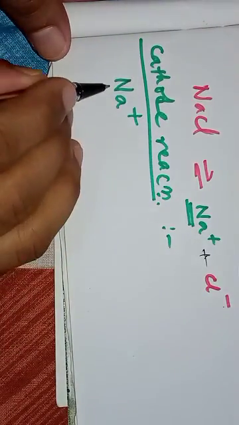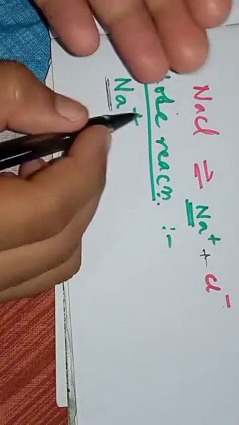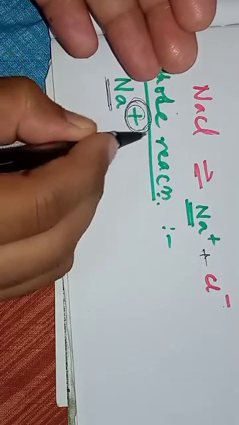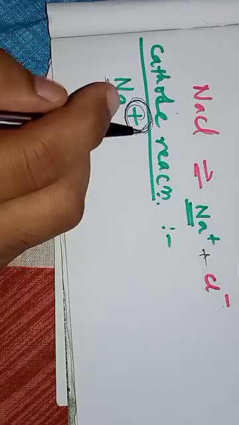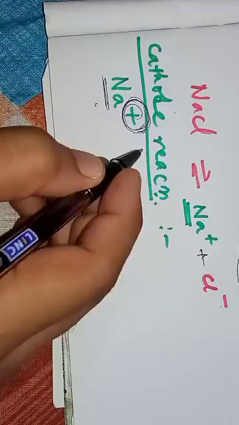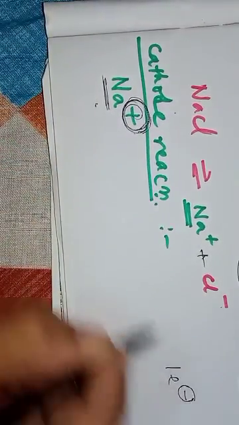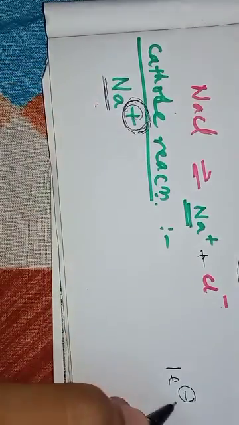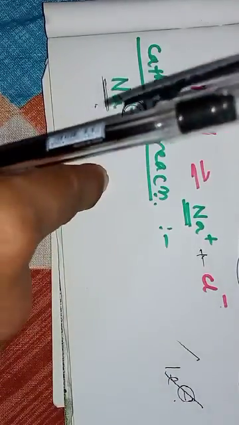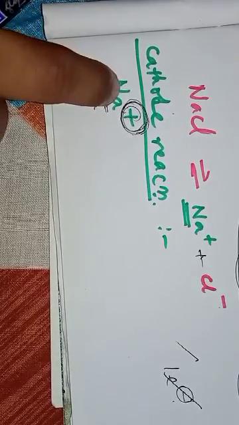So Na plus gets discharged at cathode. Discharge means it loses its charge. And how can sodium cation lose its positive charge? Definitely by gaining one electron, because one electron has a negative charge and this positive charge is 1. So one negative charge plus one positive charge will cancel each other and will neutralize Na plus, and this is what discharging means, neutralizing and making this sodium a neutral atom.